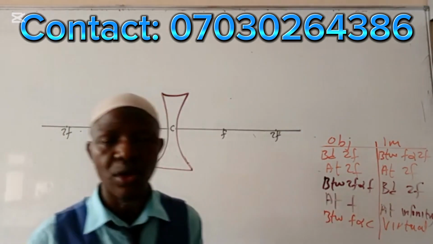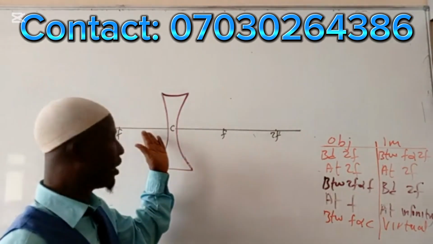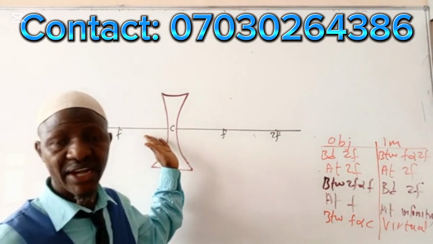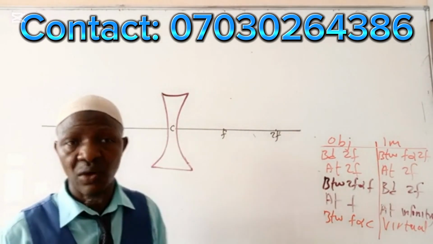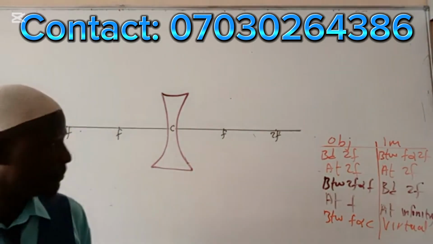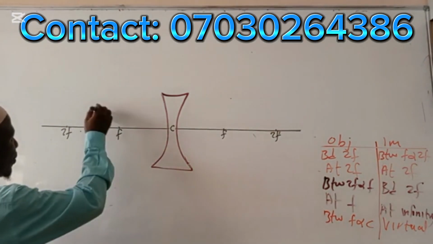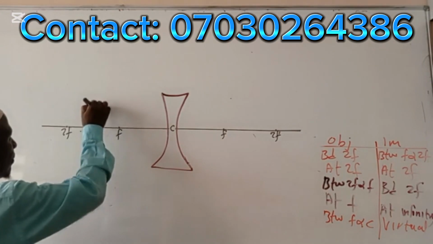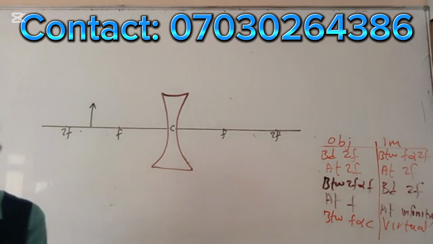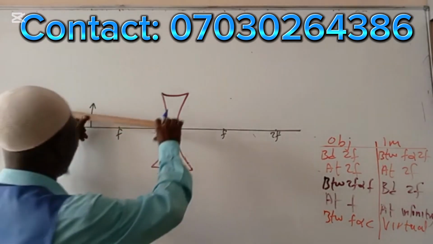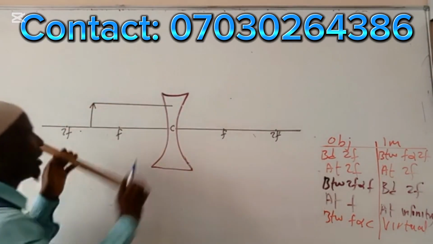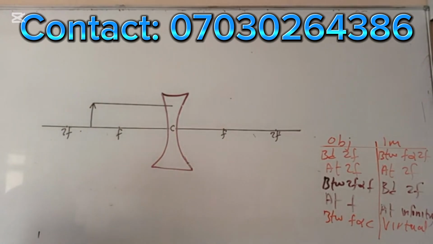Now let's try to place an object at any point in front of this diverging lens and see how it forms an image. Let's say the object is here. So the first thing is we have a ray like we did in the case of the converging lens.